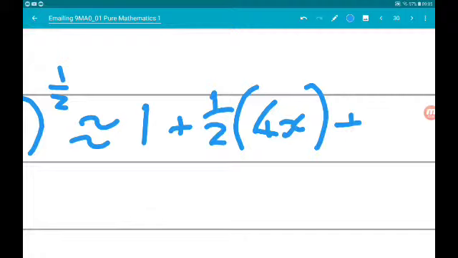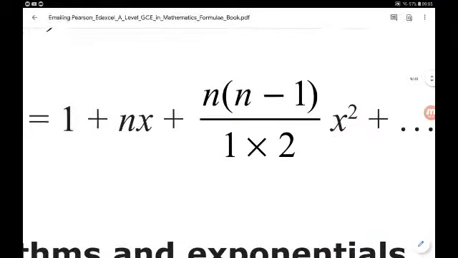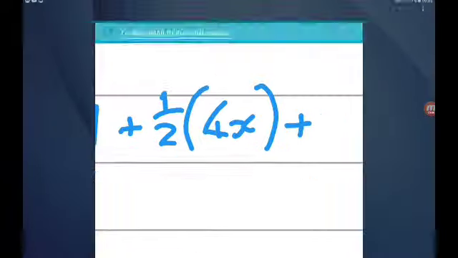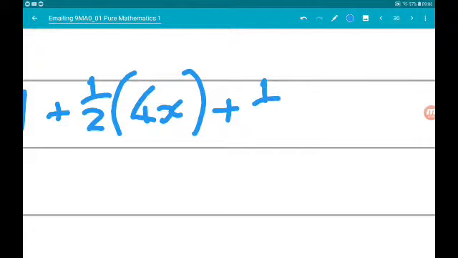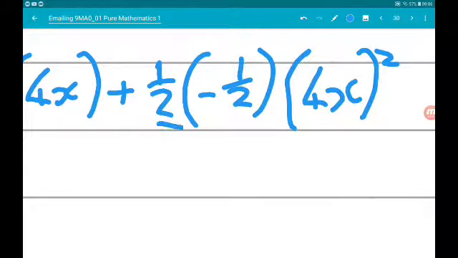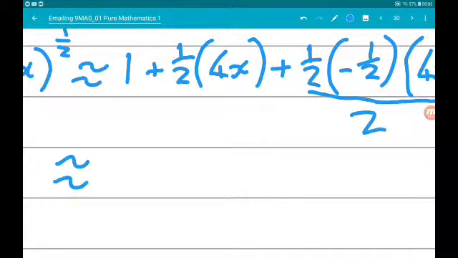Add n times n minus 1 over 2 x squared. So that's going to be a half times a half minus 1 times 4x all squared over 2. So we're going to get 1 add 2x.